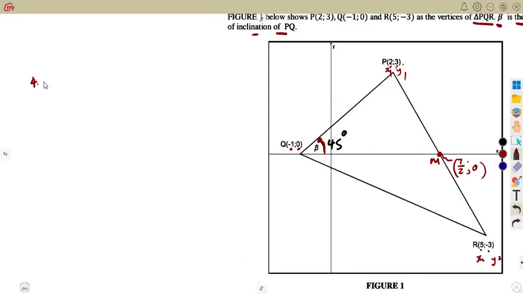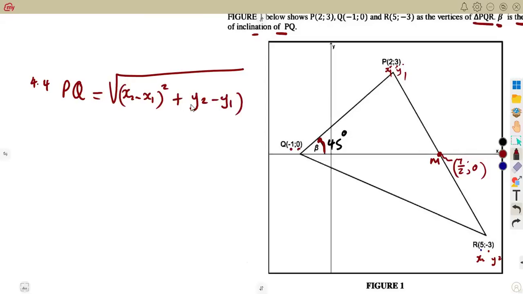So that's our 4.4. You're also given your distance formula on your formula sheet. The distance between two points is given by the square root of x2 minus x1 squared plus y2 minus y1 squared. Simply subtract x values, subtract y values.